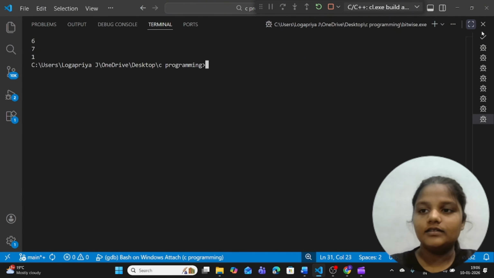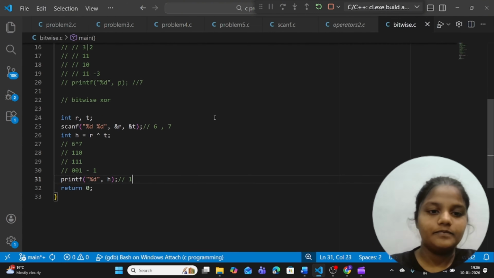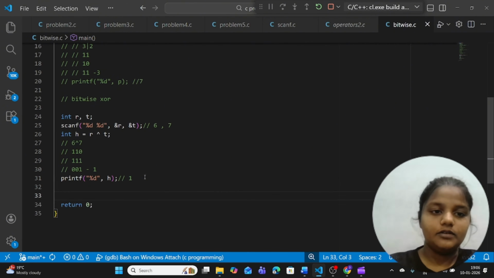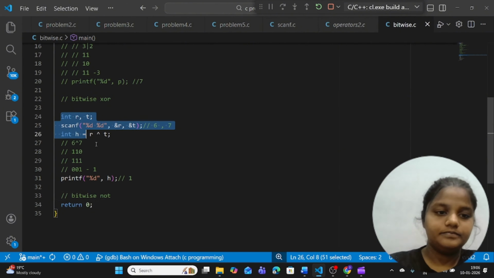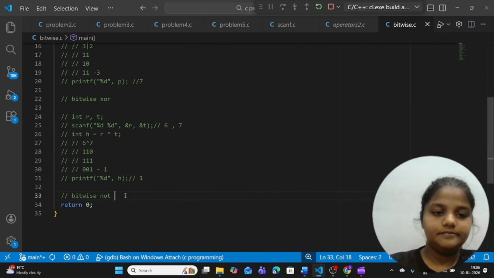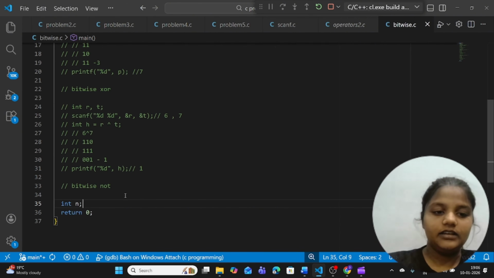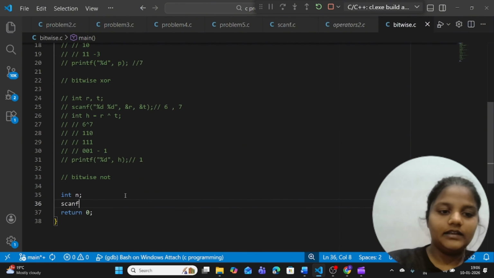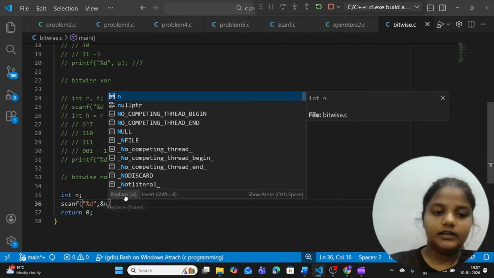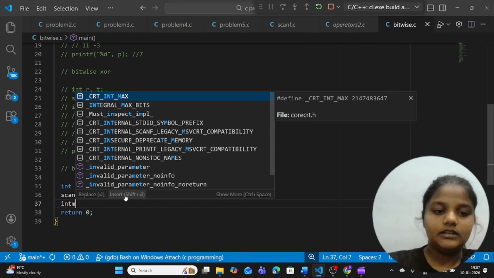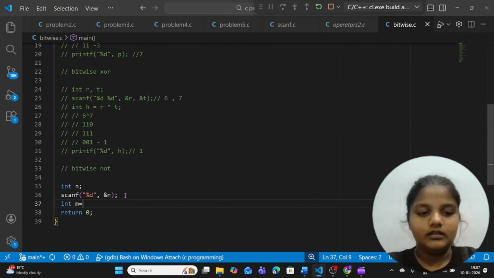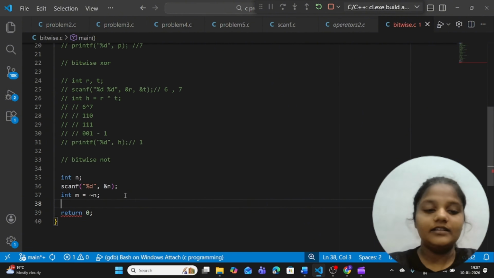Okay. So now we are going to do bitwise NOT. Okay. For NOT, we need only one input. That is int n. We are getting it in scanf, and n, right? Then we are storing it in another variable, not of n, right?